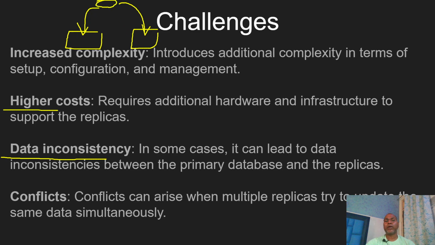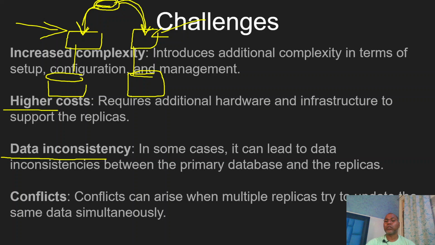Maybe I have a joint financial account, so I can log in to my banking system, and my wife can also log in to the banking system. Let's say I am in one region of the world, my wife is in another region, and at the same time both of us log in. So the same profile is replicated in both regions.